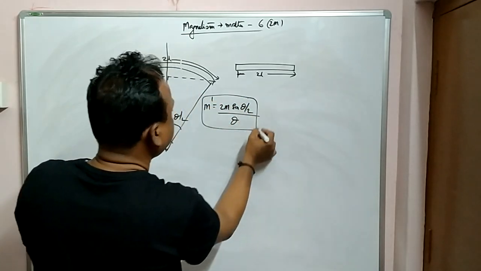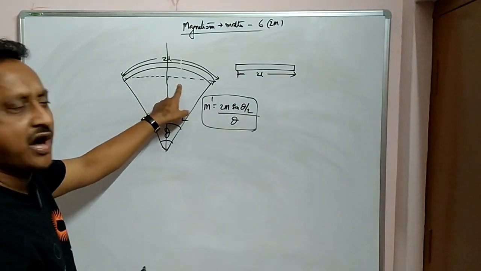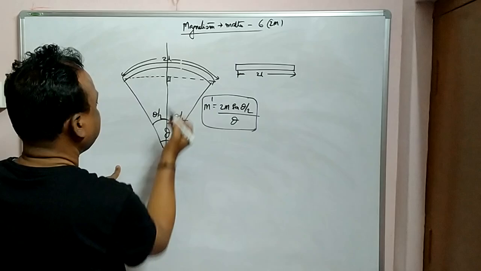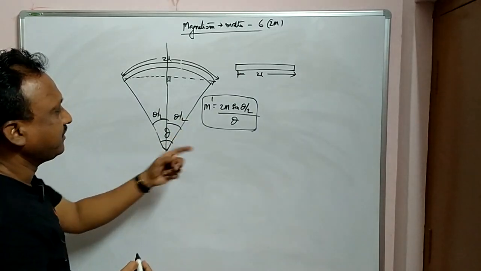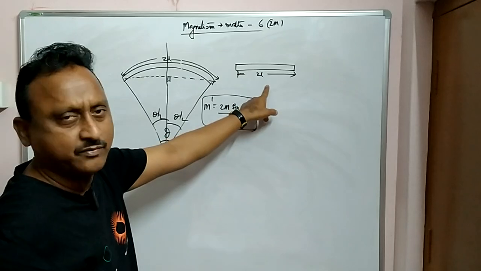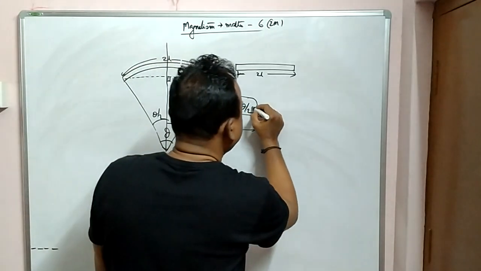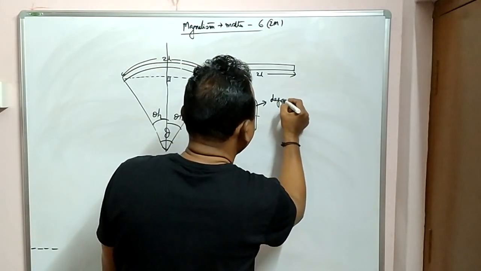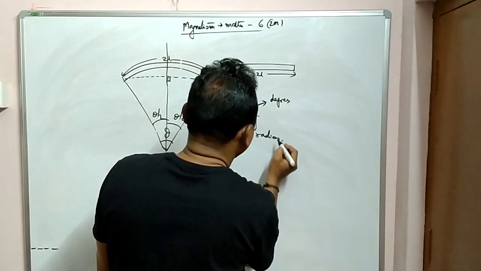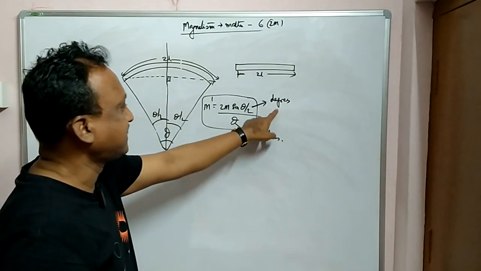This is the formula when a magnet is bent into an arc of a circle. This is 90 degrees, theta by 2, theta by 2. So this is the formula you have to remember. 2m, m is the original magnetic moment. Here theta is in degrees and here theta is in radians, please.